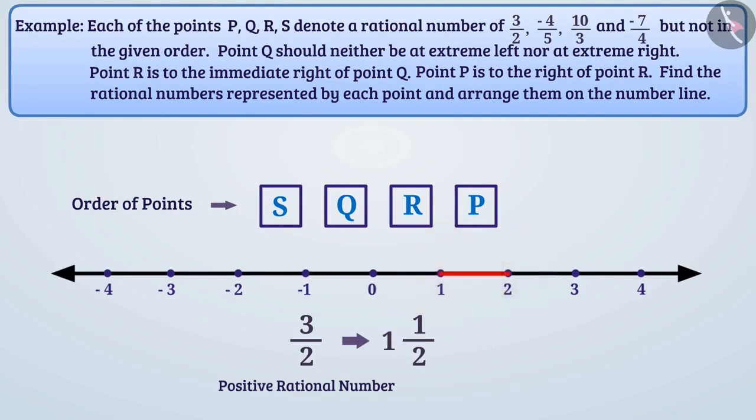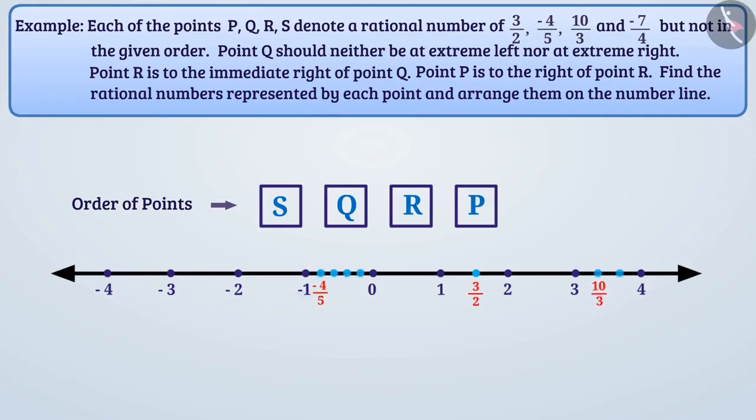To find the right place, we will divide the distance between 1 and 2 into as many parts as the denominator, that is 2 parts. Since the numerator is 1, by taking one of these 2 parts, we will denote the number 1 and 1 by 2, or 3 by 2. Similarly, we will denote minus 4 by 5, 10 by 3 and minus 7 by 4.